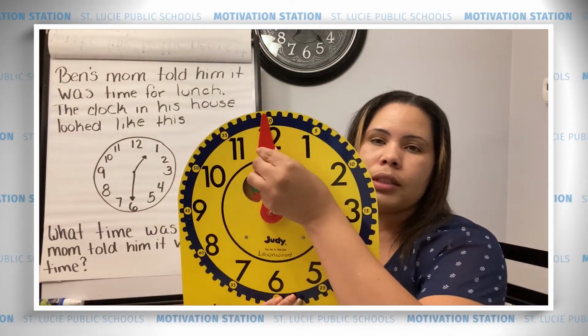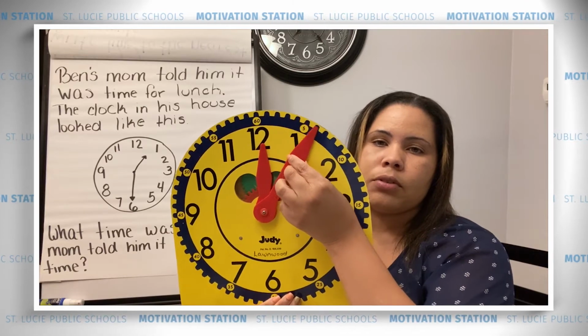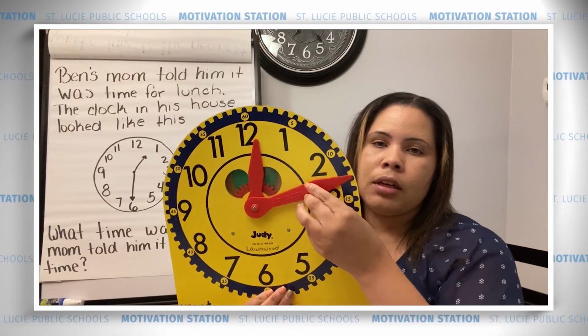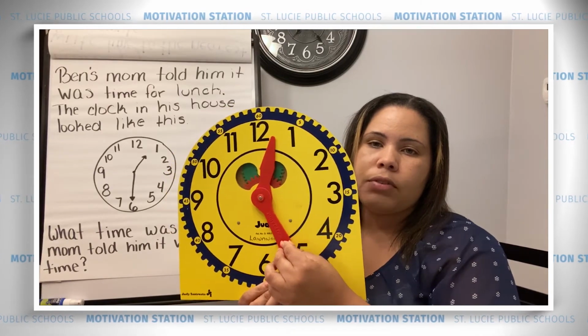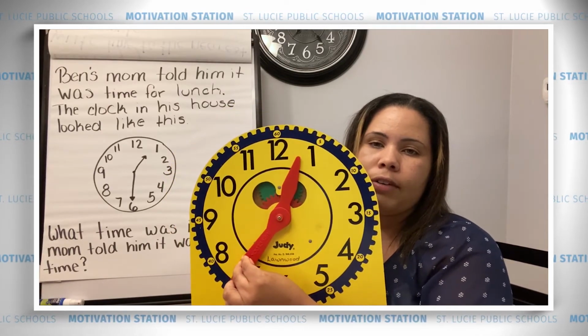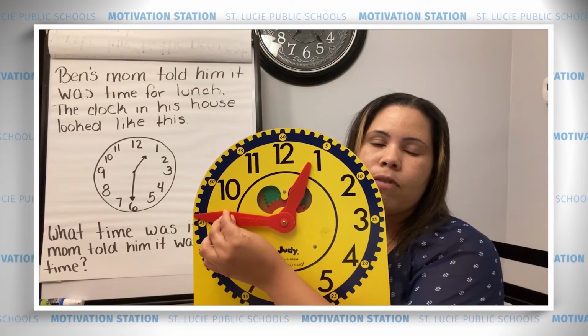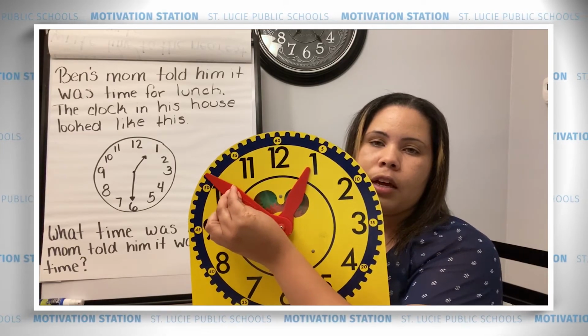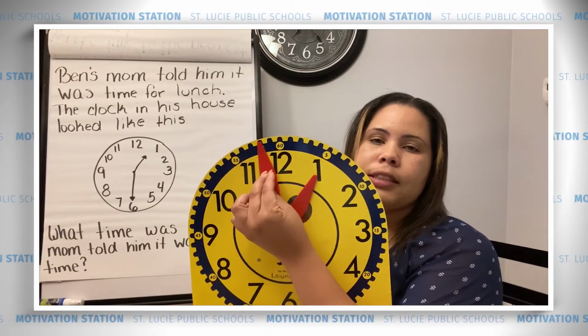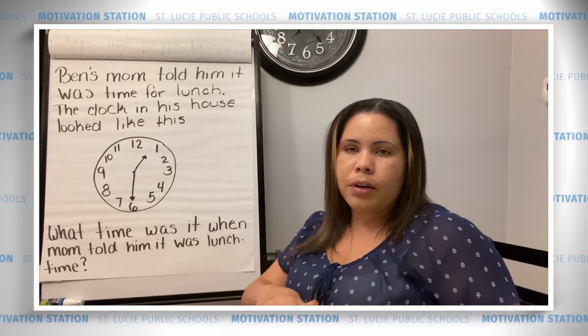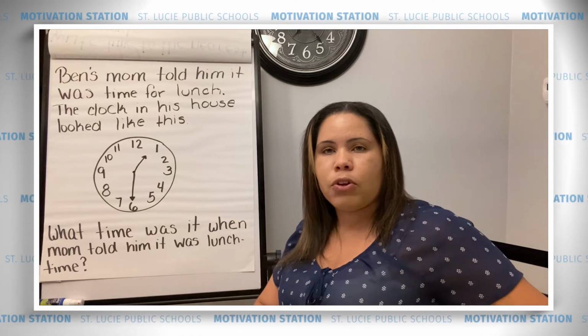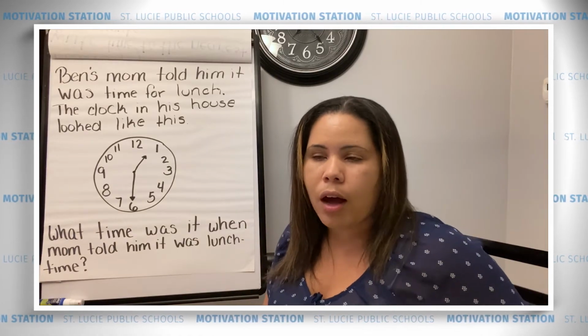Okay, let's see. 5, 10, 15, 20, 25, 30, 35, 40, 45, 50, 55, 60. So there are 60 minutes in an hour, or 60 minutes to make a full cycle around the clock.